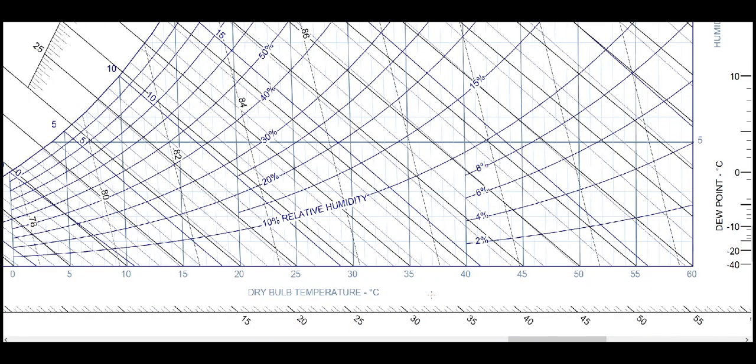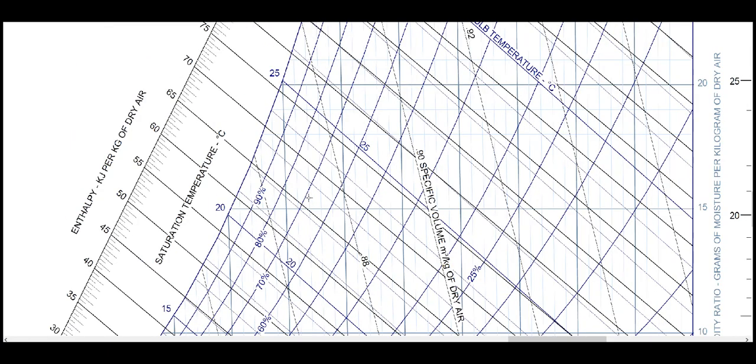So on the psychrometric chart, we're dealing with the dry bulb of 33 degrees, so this is 31, 32, 33. Okay, let's draw a straight line. Then we have the wet bulb, which is 19 degrees.